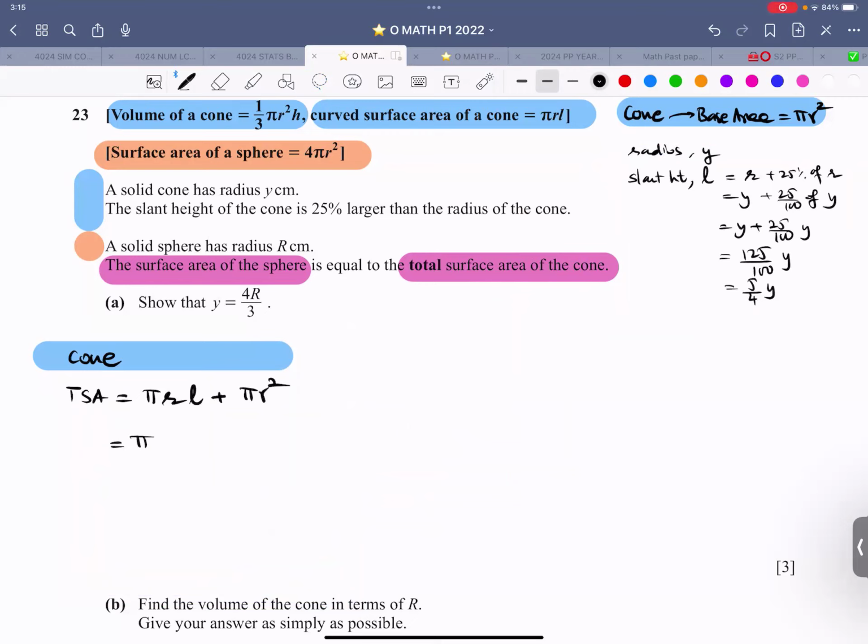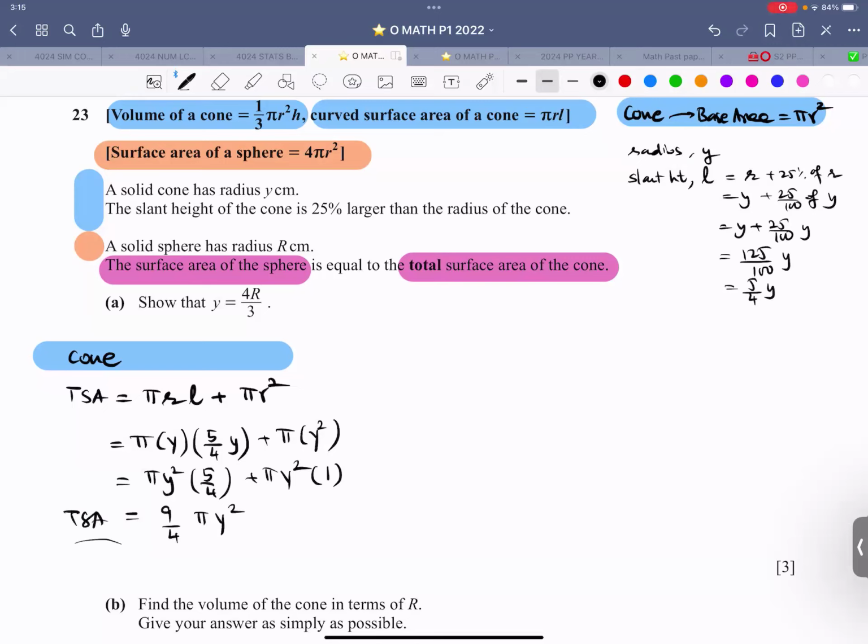So this is pi into y into L, which is 5 over 4 y, and pi into r square. That is the total surface area, which is pi y square 5 over 4 plus pi y square, and this is basically 1 over here. So this is 9 over 4 pi y square. That's the total surface area. This is for the cone.